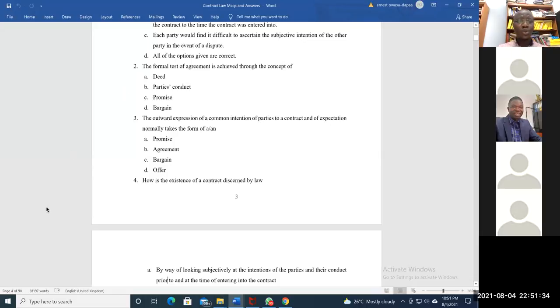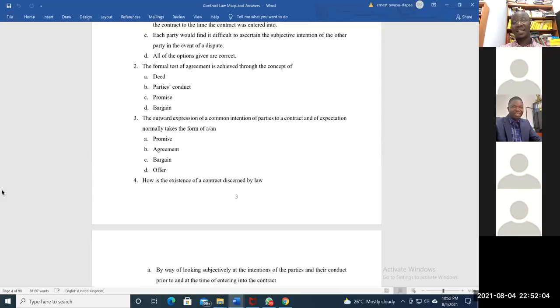Then 2, the formal test of agreement is achieved through the concept of, how do we establish the test of agreement? A, deed. B, parties' conduct. C, promise. D, bargain. How do you determine whether an agreement has been reached?